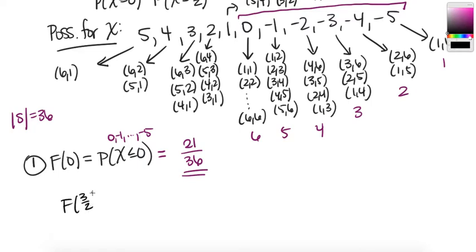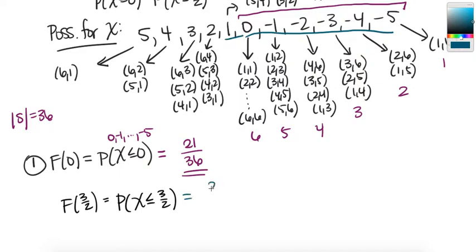Now we want to think about F(3/2). That is the probability that x is less than or equal to 3/2. Of course, our random variable can't be 3/2, because it's only whole numbers. It's not going to be 1.5. But it could be any of the numbers we talked about before, and 1 is also less than that.